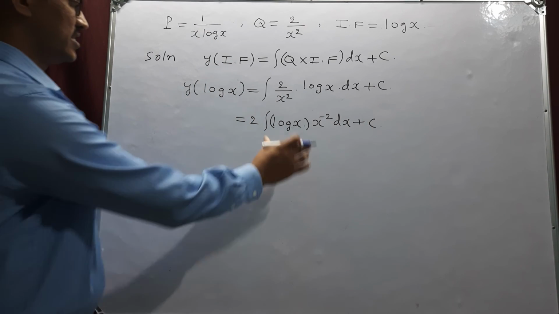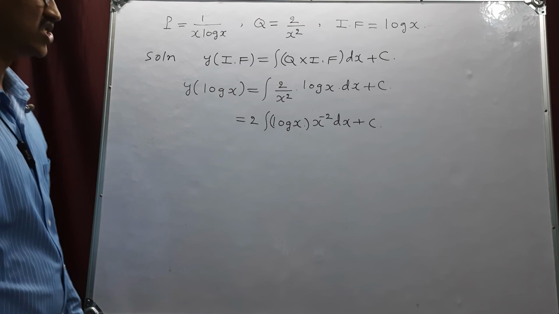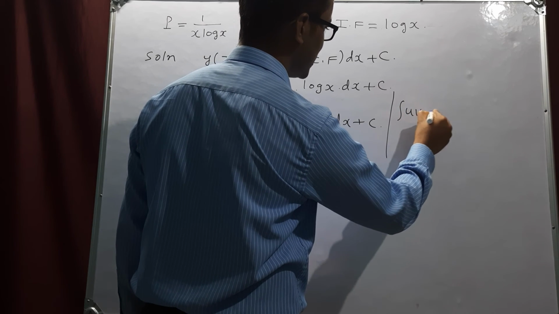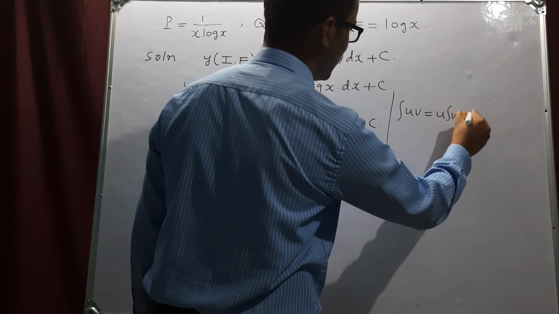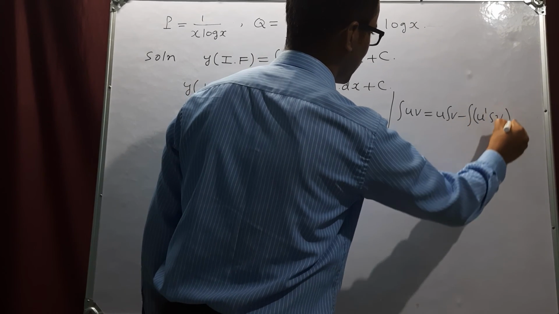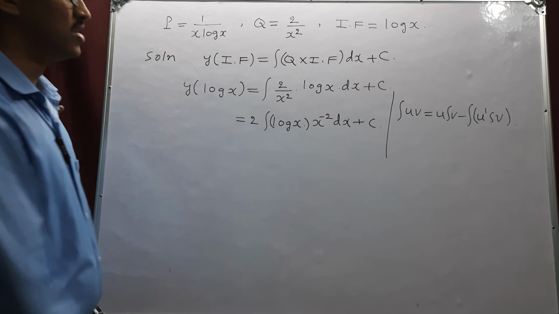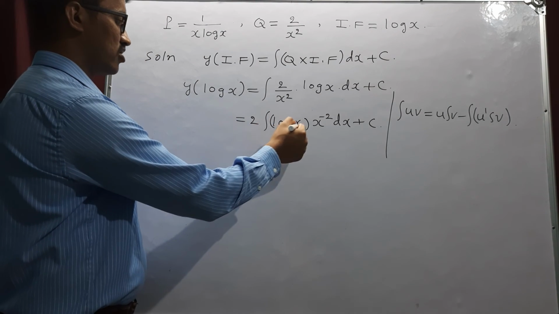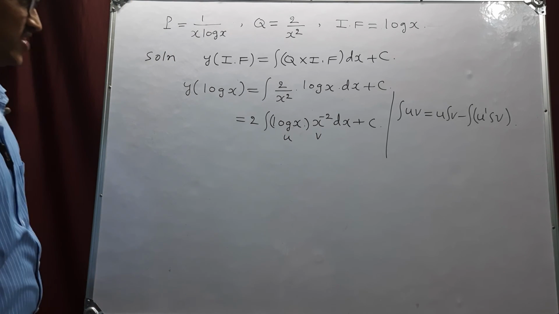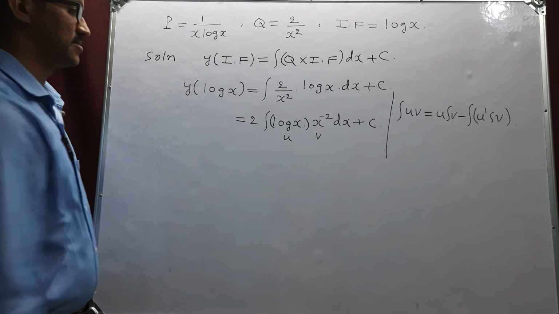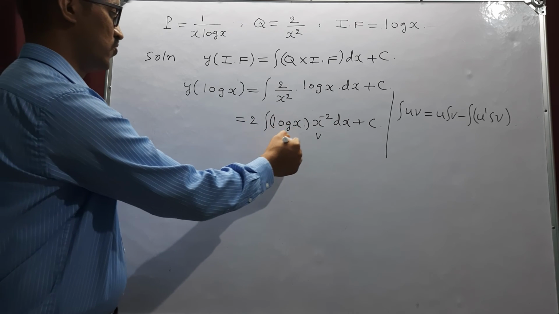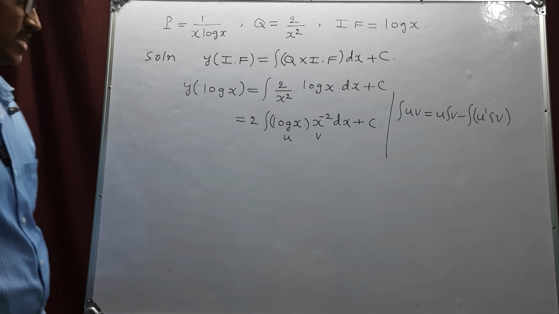I will integrate this part by using integration by parts, that is integration of u into v is equal to u into integration of v minus integration of derivative of u into integration of v. So I will take log x as u and x power minus 2 as v, because we cannot integrate log x, but we know the differentiation of log x.